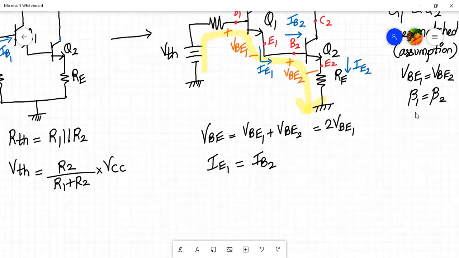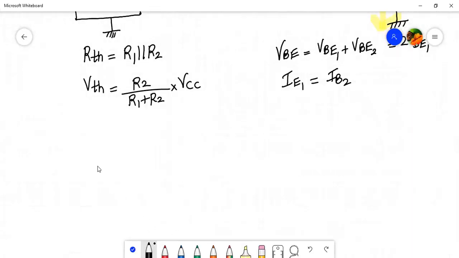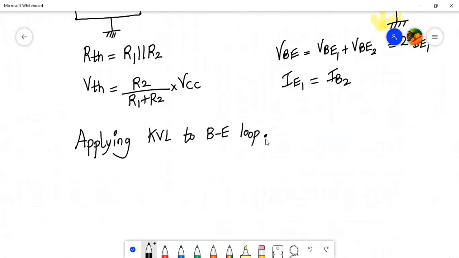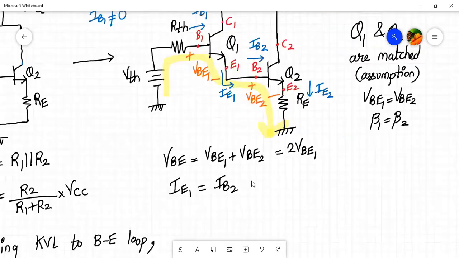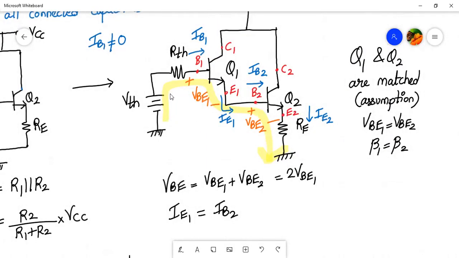Let me write over here, applying KVL to base emitter loop. So what do we get by applying KVL to the base emitter loop? We have VTH minus IB1 into RTH minus VBE1 minus VBE2 minus IE2 into RE is equal to 0.